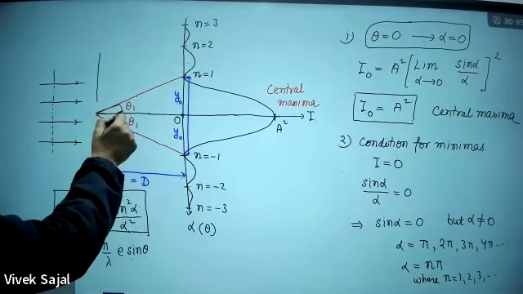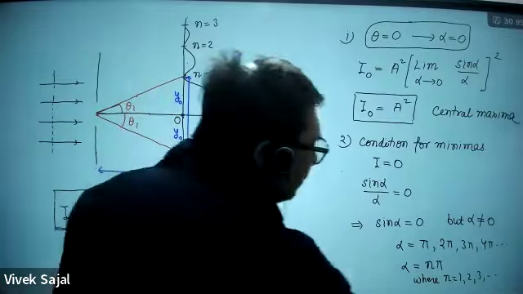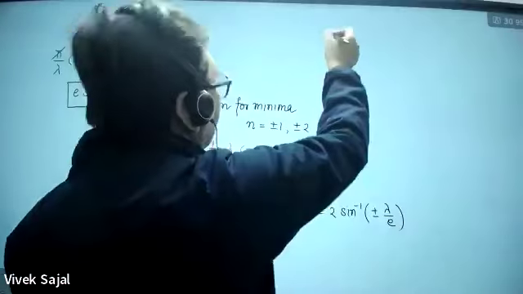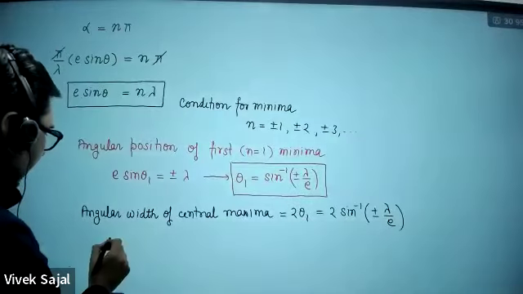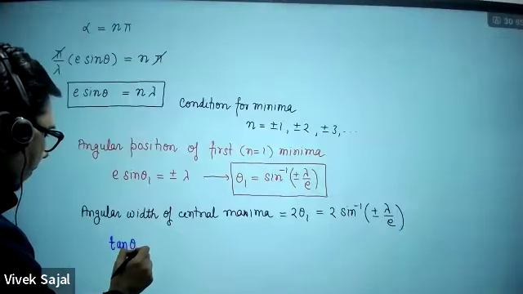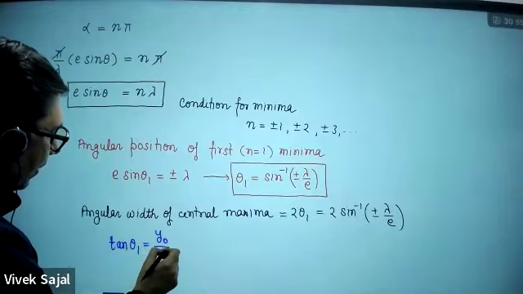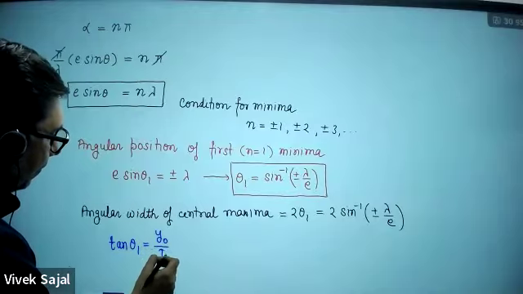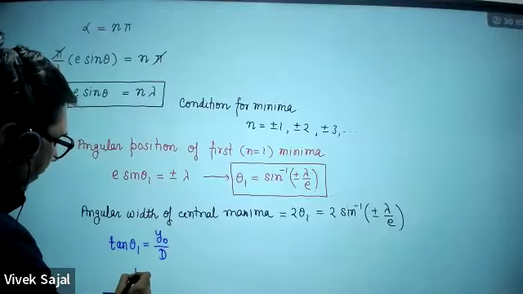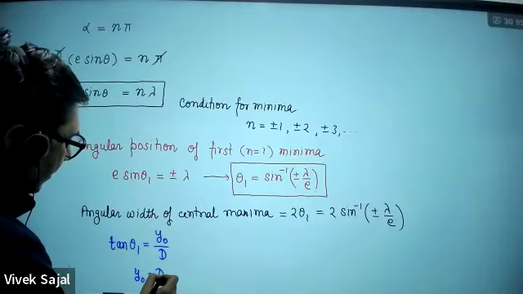So tan theta 1 will be Y naught upon D, or F. Or you can say Y naught is equal to D tan theta 1.